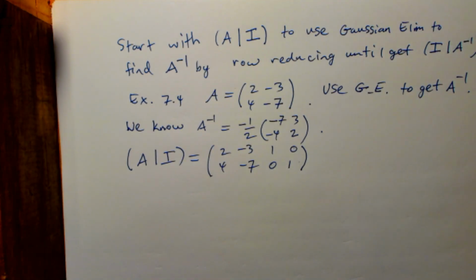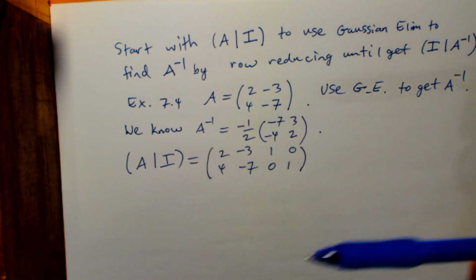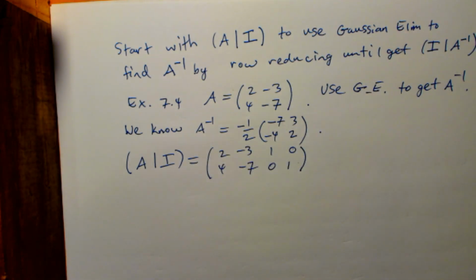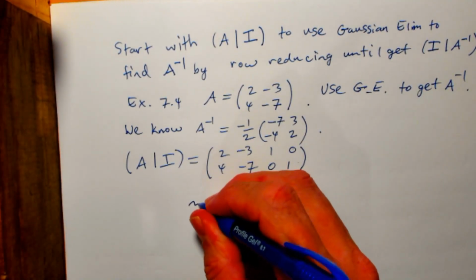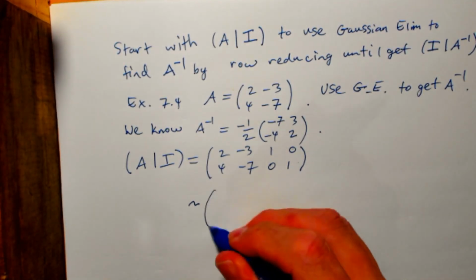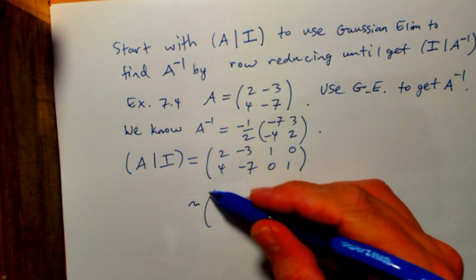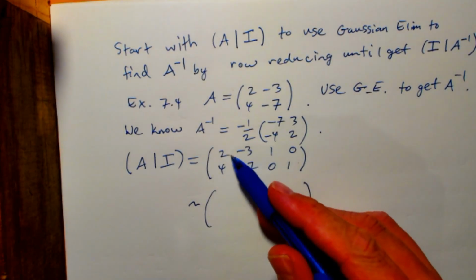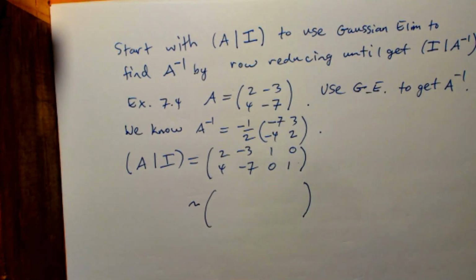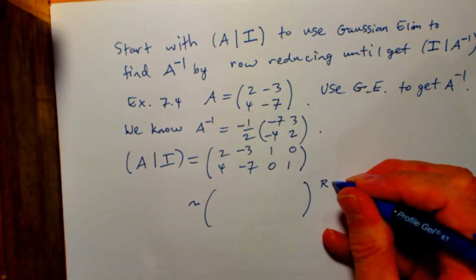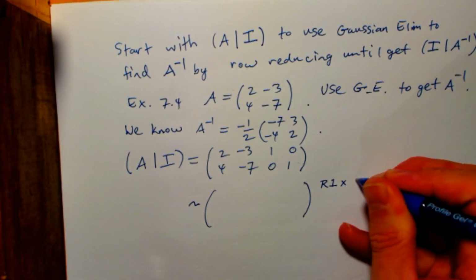But if you prefer to do that by forming your pivots first, that's totally fine too. All right, so in the way that I would do this, I'm putting the tilde to say that I've done a row operation here. Now what I'm going to do first is multiply row 1 by 2, so that we get 4.